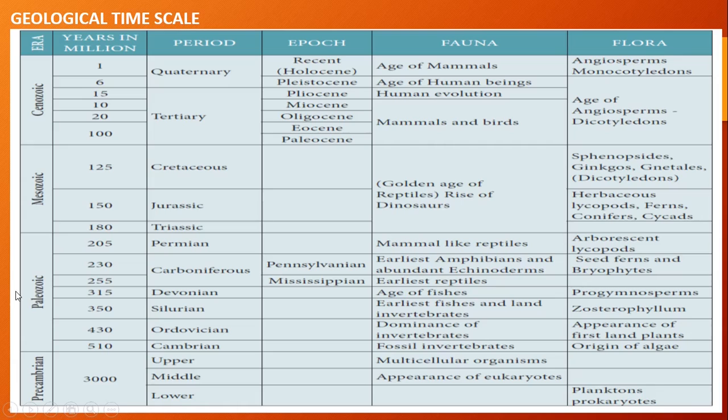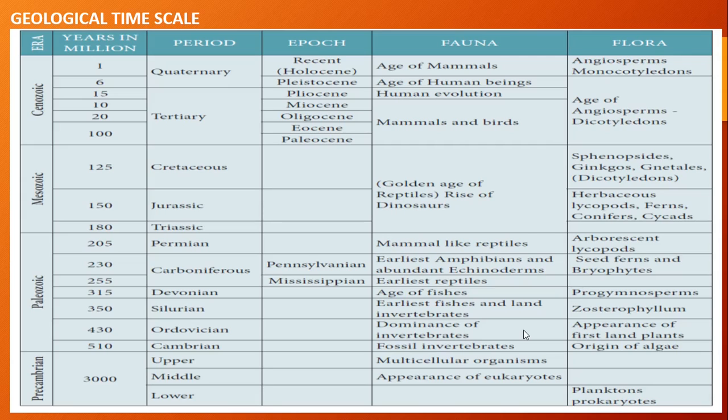In Paleozoic era, the Devonian period is called the age of fishes, because here is the domination of fishes. Then in Paleozoic Ordovician period, dominance of invertebrates is available. So this is called geological time scale.